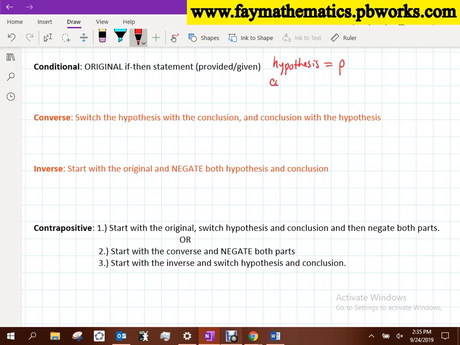And all conclusions are grouped as the letter Q. It does not matter what your if-then statement is. It can be the most arbitrary, ridiculous statement that you could ever come up with. If you've got an if phrase followed by a then phrase, you've got a P and a Q. So these are variables to talk about all possible different if-then statements you could ever come up with.